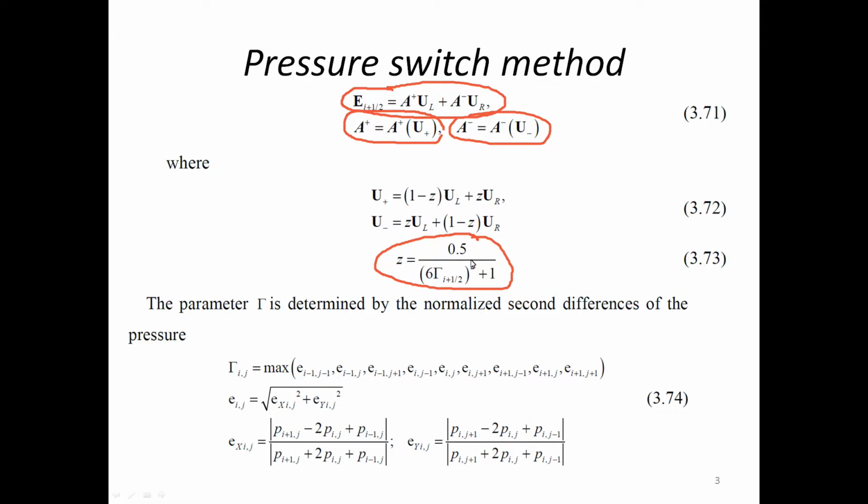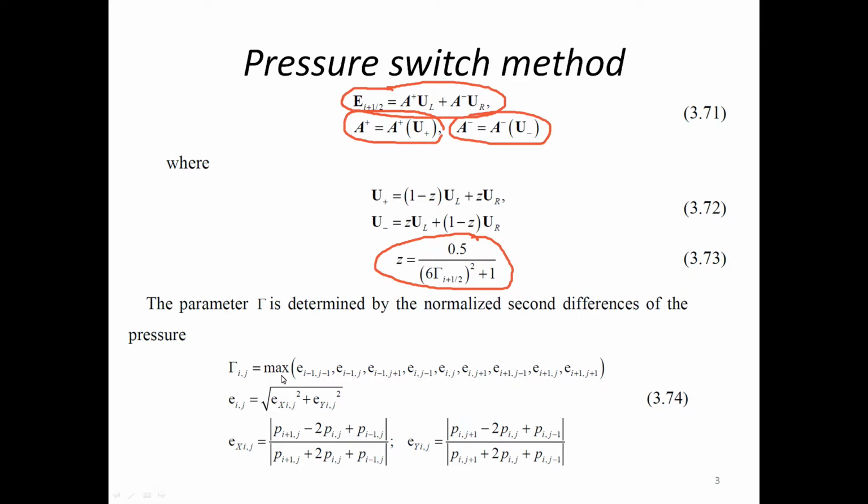That is, Z is equal to 1/2 over (6 gamma plus 1/2) to the second power plus 1. The parameter gamma, which is presented in this formula, is determined by the normalized second difference of the pressure.